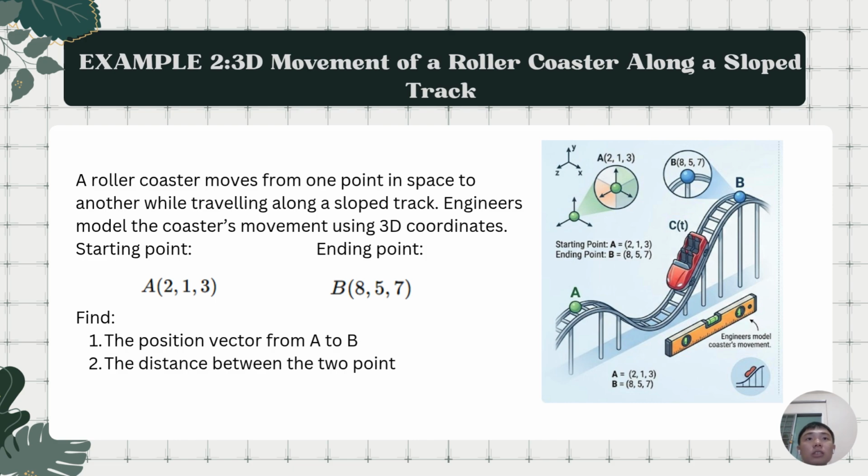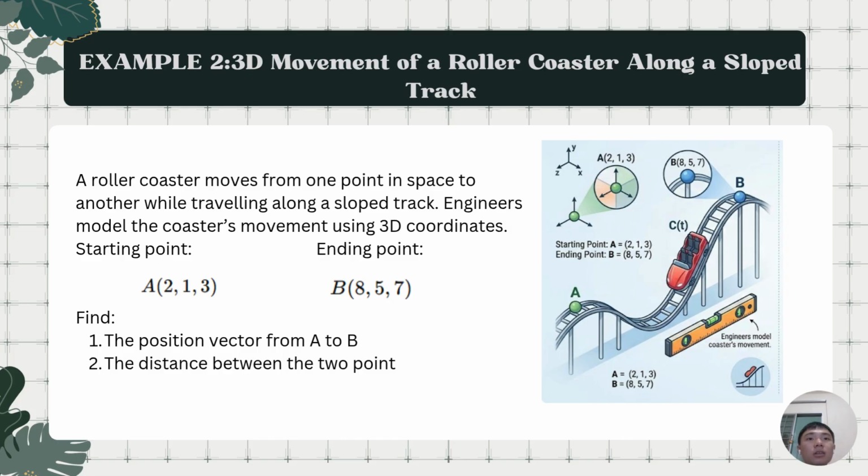These coordinates show that the coaster changes its position in all three directions, which are x, y, and z. From this information, we need to determine two things. First, we need to find the position vector from A to B, which describes the movement from the starting point to the ending point.